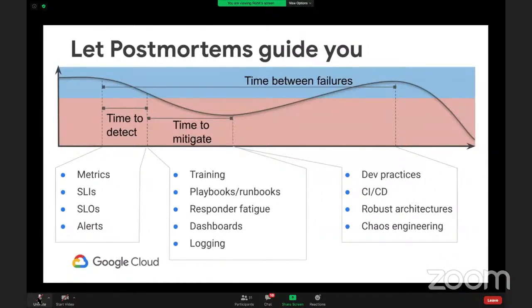Yeah, that's a good question. I haven't used Chaos Monkey personally, but I was a big fan when I was using AWS. Chaos Monkey is a tool, and there can be different kinds of tools.